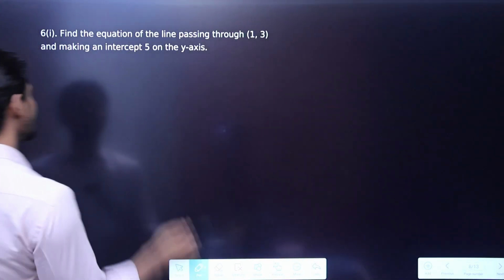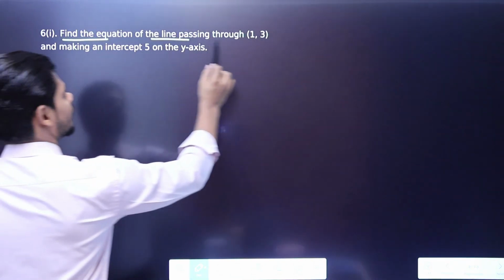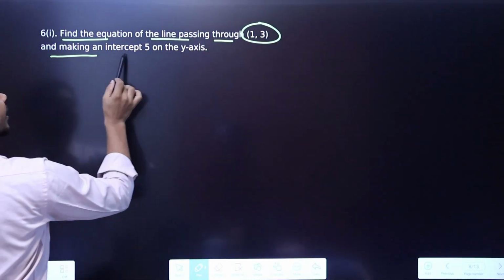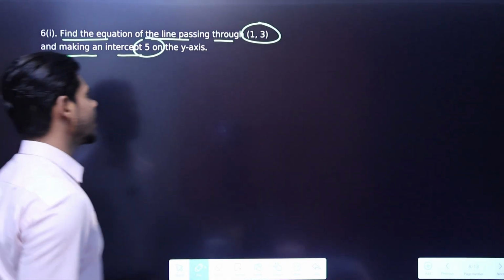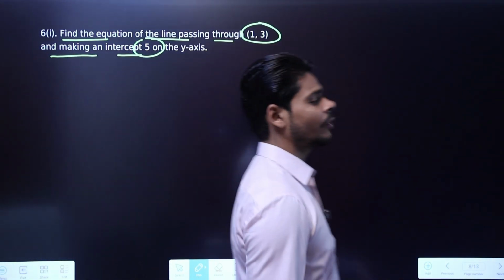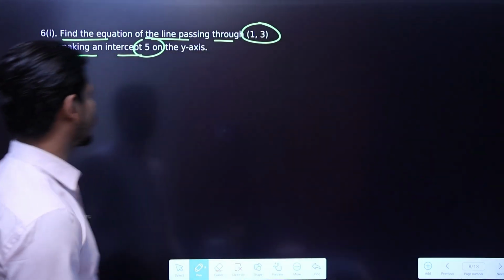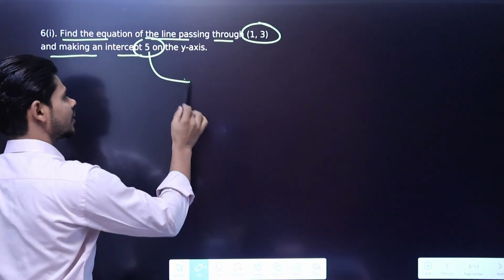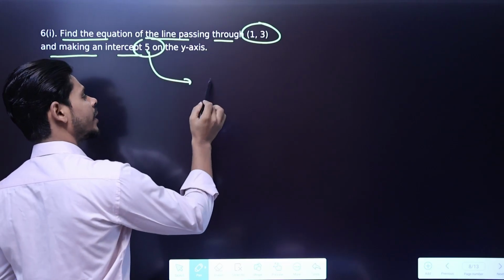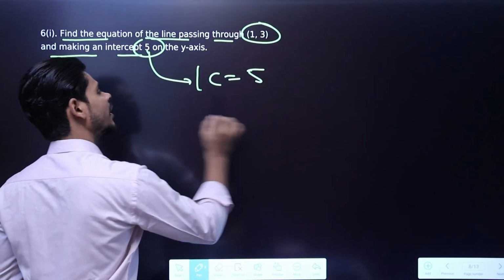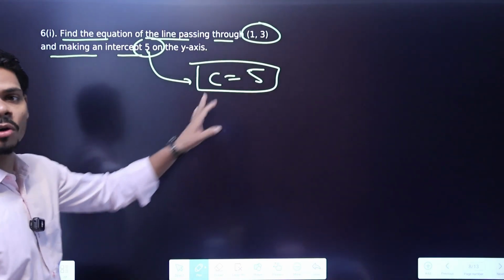Next. Find the equation of the line passing through (1, 3) and making an intercept of 5 on the y-axis. So very simple things. Whenever you are given an intercept and it is the intercept of the y-axis, this is exactly the value of c, that is your 5.